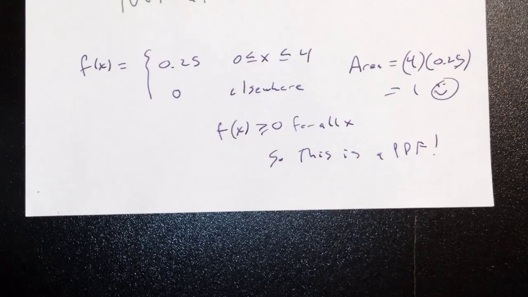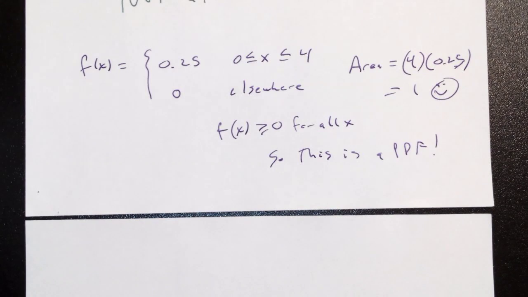Okay. Now, again, the picture of this PDF is a horizontal line segment. It's a box. But I don't have to have a box.